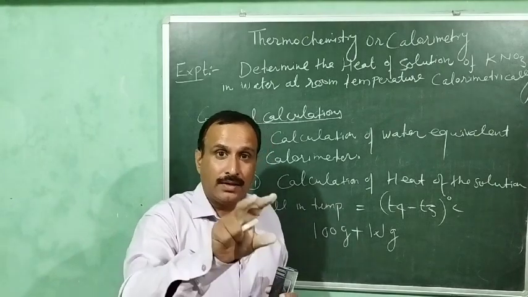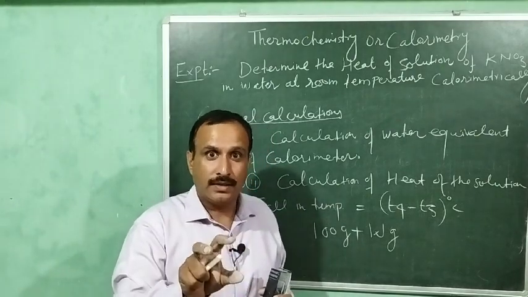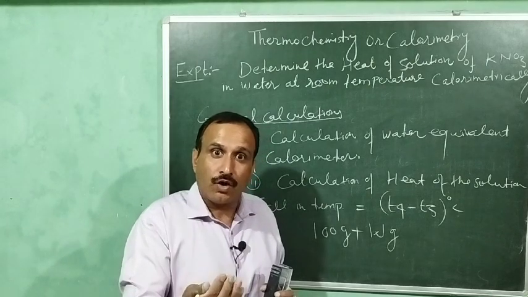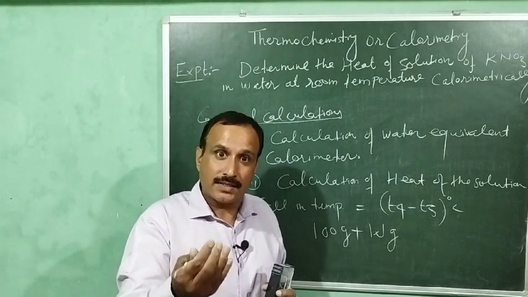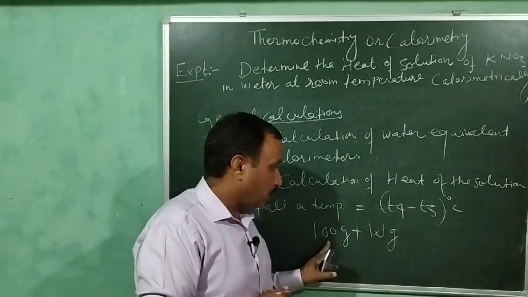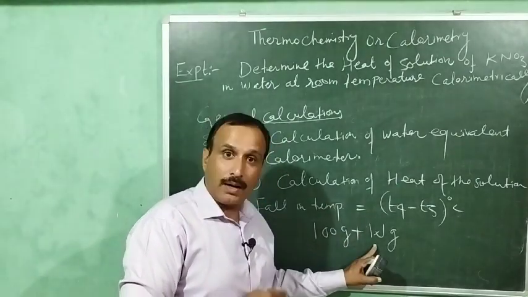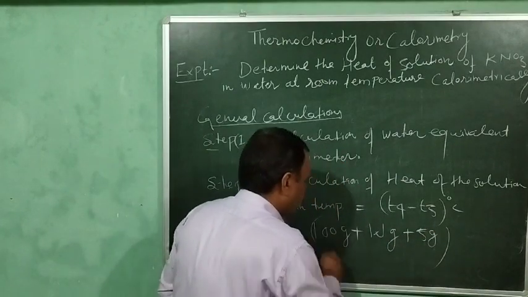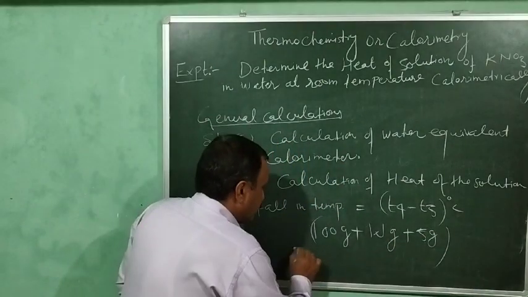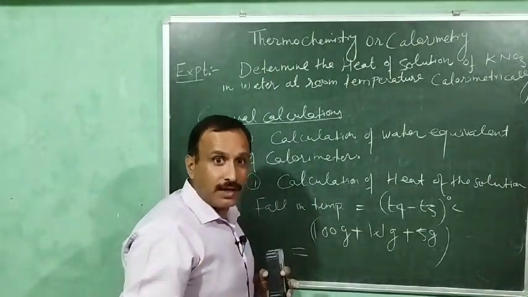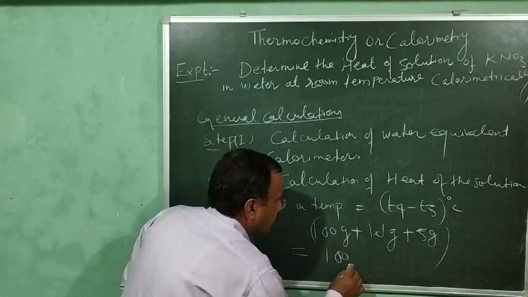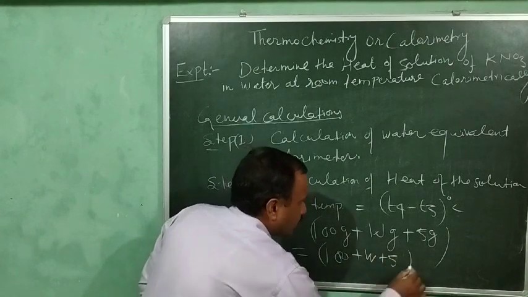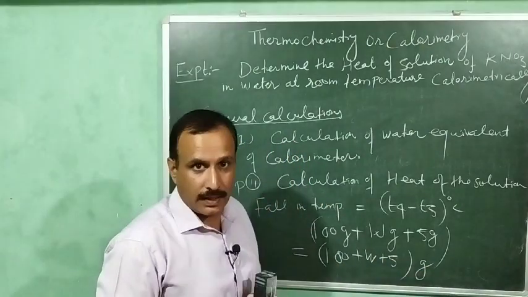का पार्ट बन गया जिसमें ये सारा प्रोसेस हो रहा है। तो मतलब हम ये बोलेंगे कि that heat is absorbed from the entire system and that system comprises of your 100 ग्राम कोल्ड वाटर, W ग्राम कैलोरीमीटर and 5 ग्राम your पोटाशियम नाइट्रेट। Okay, so the weight which is losing heat is 100 plus W plus 5, this much gram, understanding?